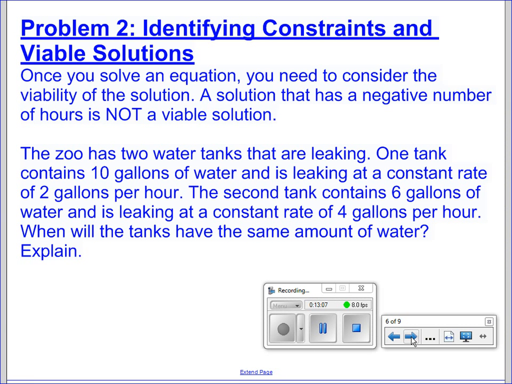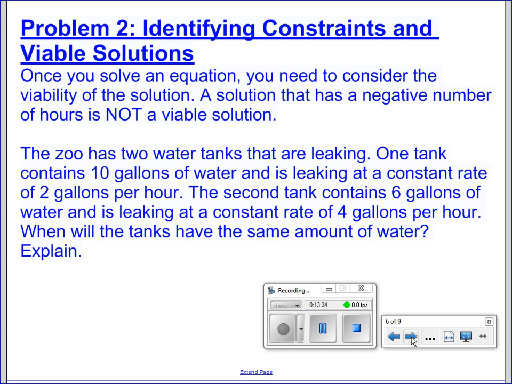So, once you solve an equation, you need to consider the viability of the solution. A solution that has a negative number of hours is not a viable solution. If you're finding the length of something and you get a negative number, it does not make any sense when you're talking about the length of an object.